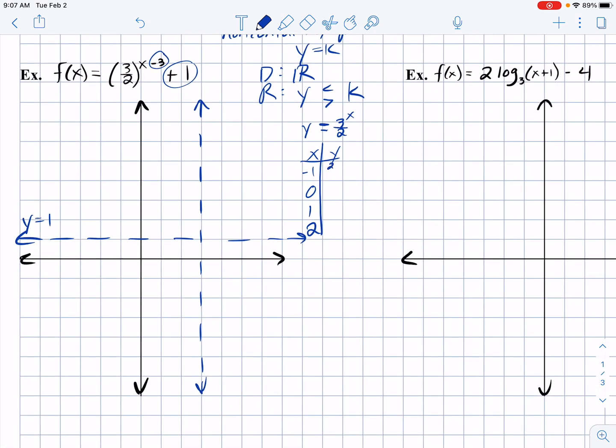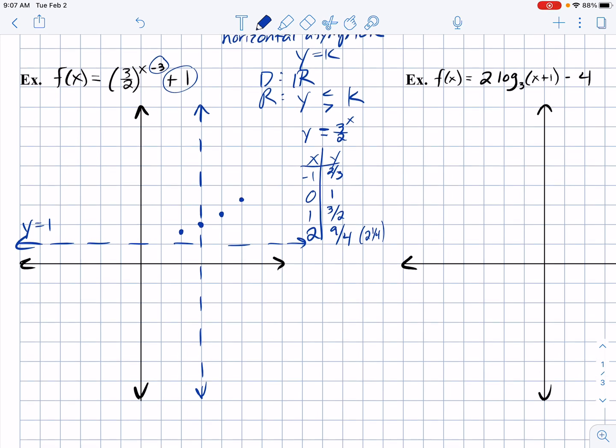So the negative 1 flips our base, we get 2/3. 0 gets us 1, 1 gets us 3 over 2, and 2 gets us 9 over 4. So negative 1 and 2/3, 0, 1, 1 and 3 over 2, 2 and 9 over 4, which is 2 and a quarter. 2 and a quarter right here.